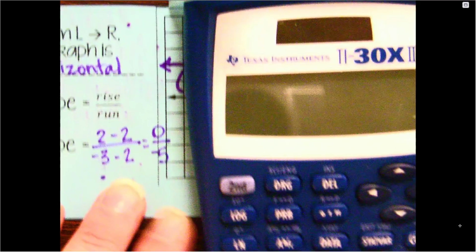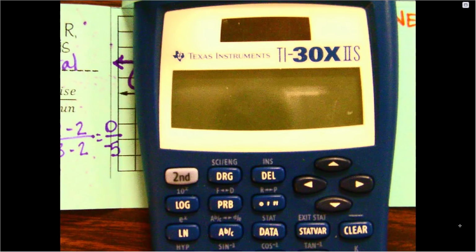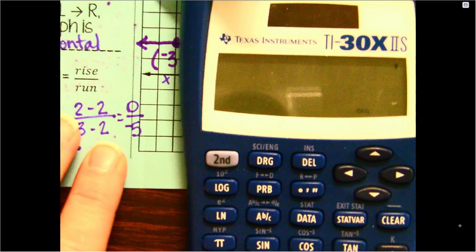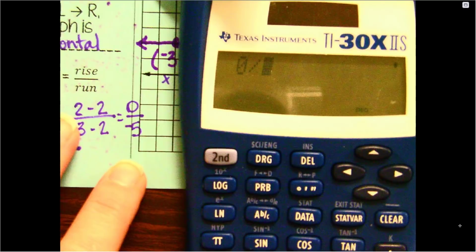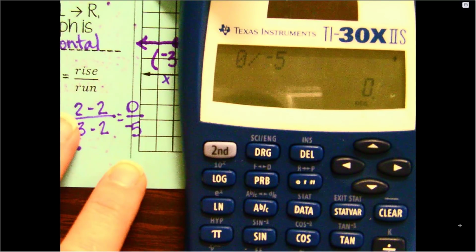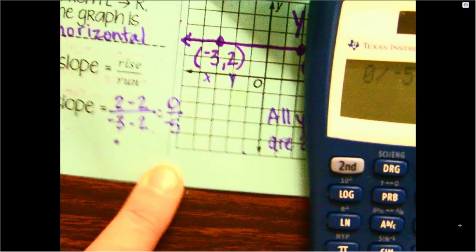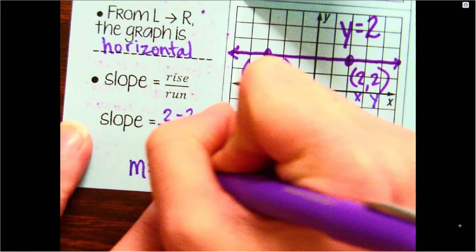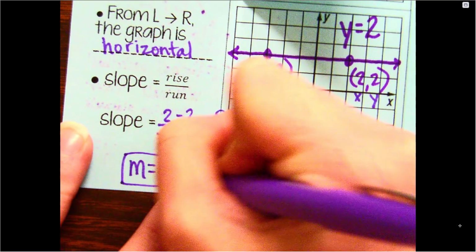Now, if I put this ratio, 0 divided by negative 5, into the calculator, I get 0. If I have nothing and I split it 5 ways, I have nothing. So my slope here is 0.